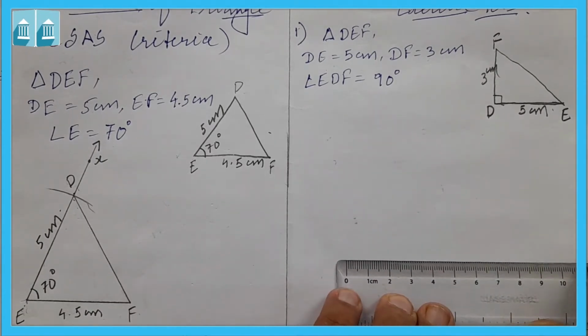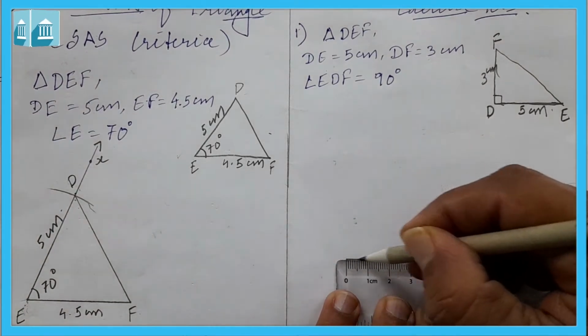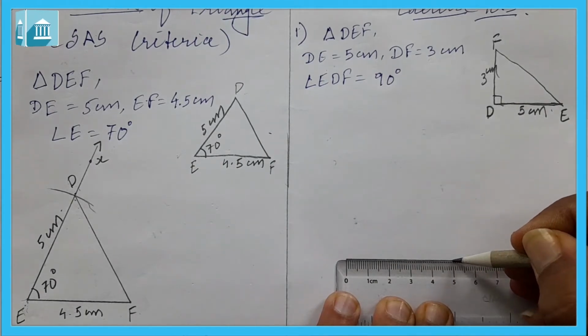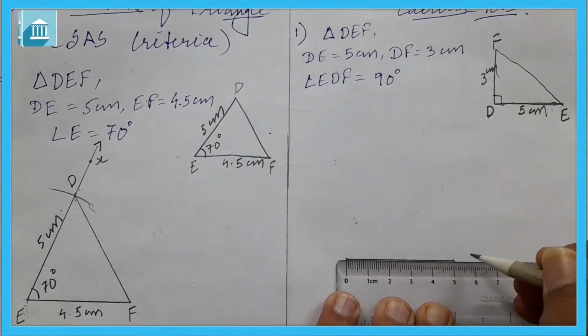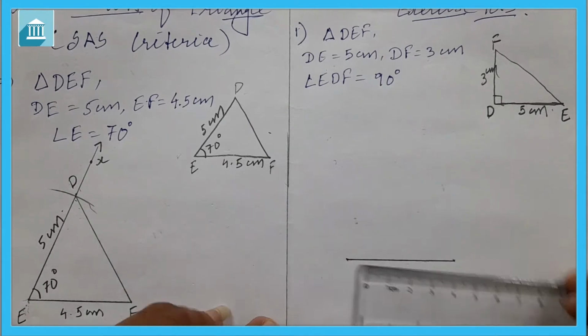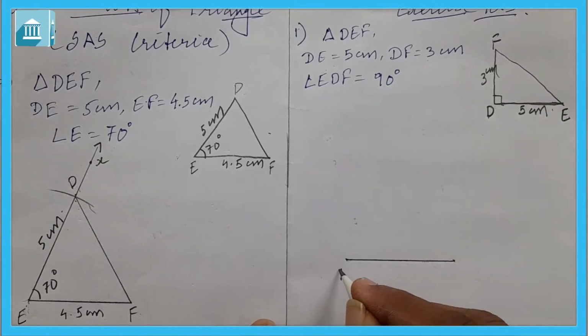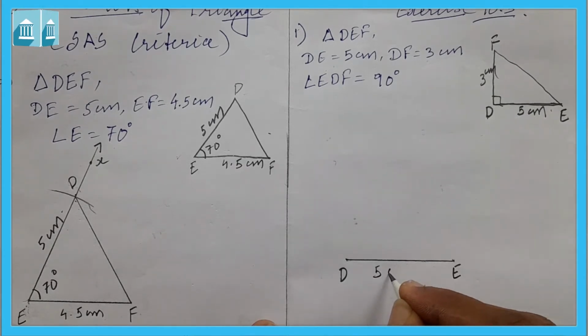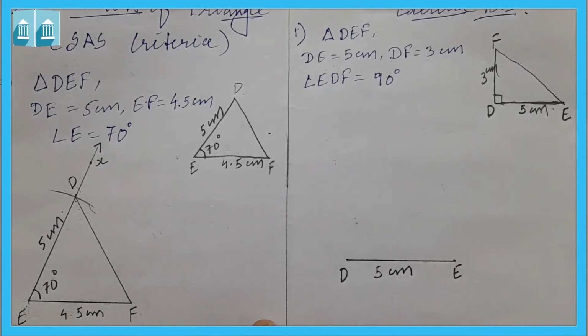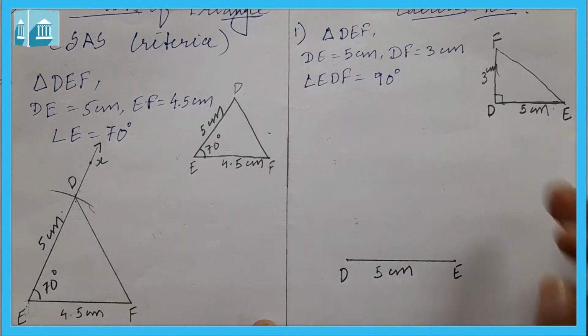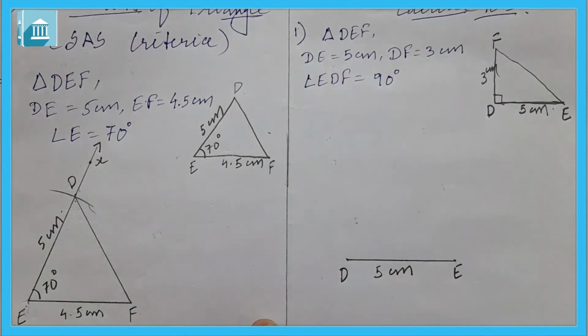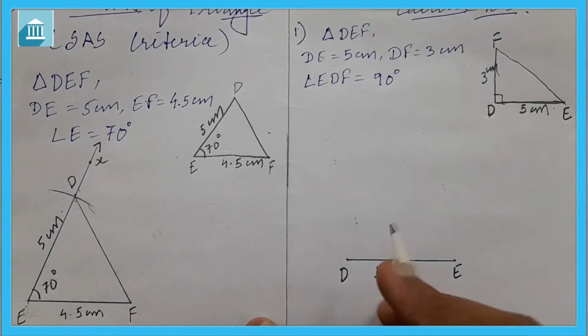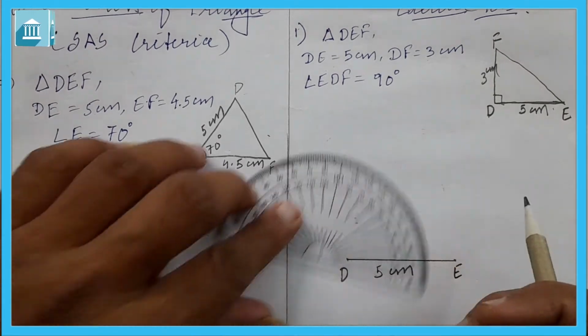Here it is given the base is 5 centimeter, that is DE is equal to 5 centimeter. So we will draw it here, DE. This is given 5 centimeter. Now angle EDX is given 90 degree.